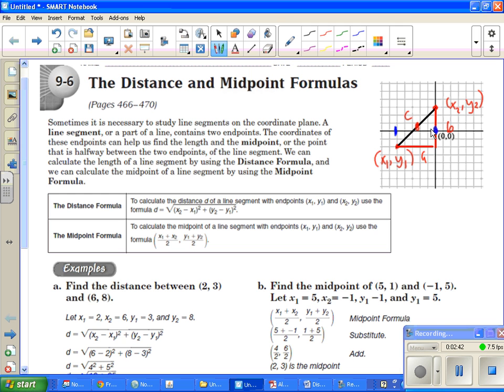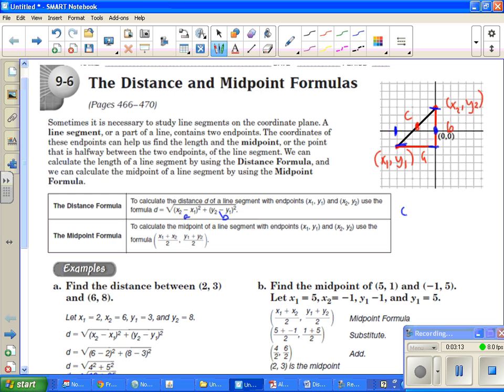When you subtract x1 from x2, you're finding the length of side A. So this is really telling you how to find side A. When you do y2 minus y1, here's y2, here's y1. When you subtract them, you're going to find the length of side B.